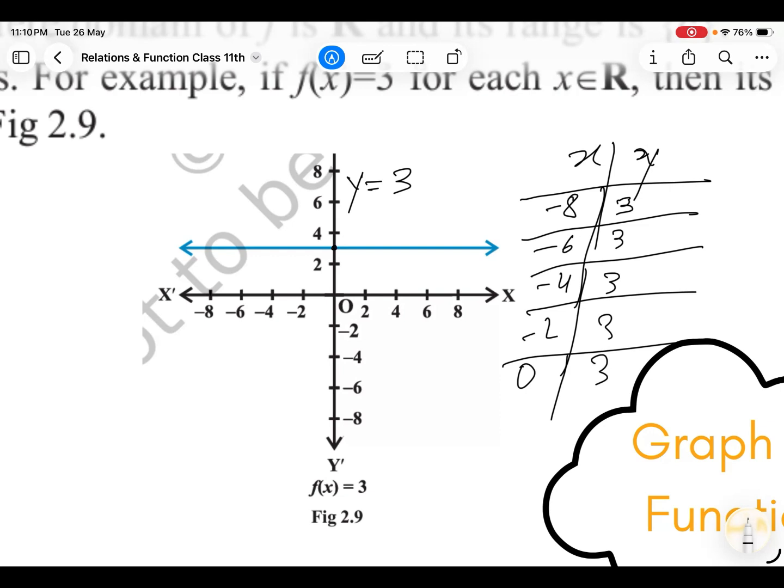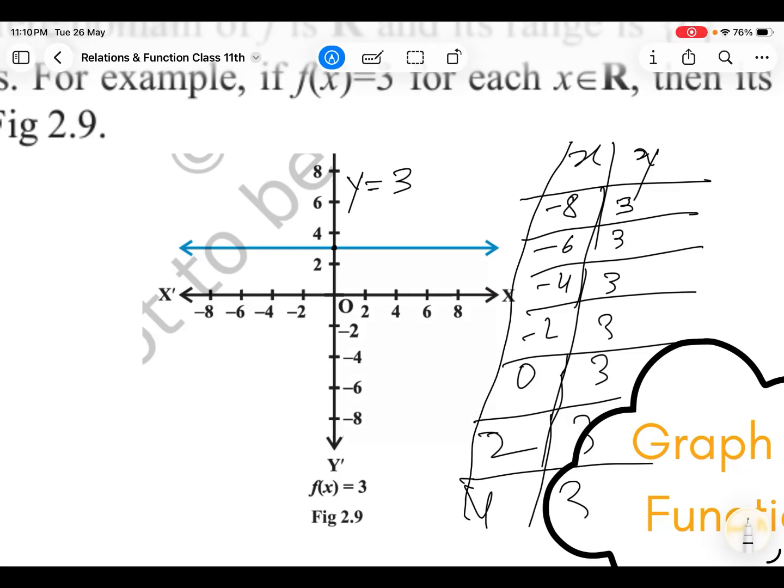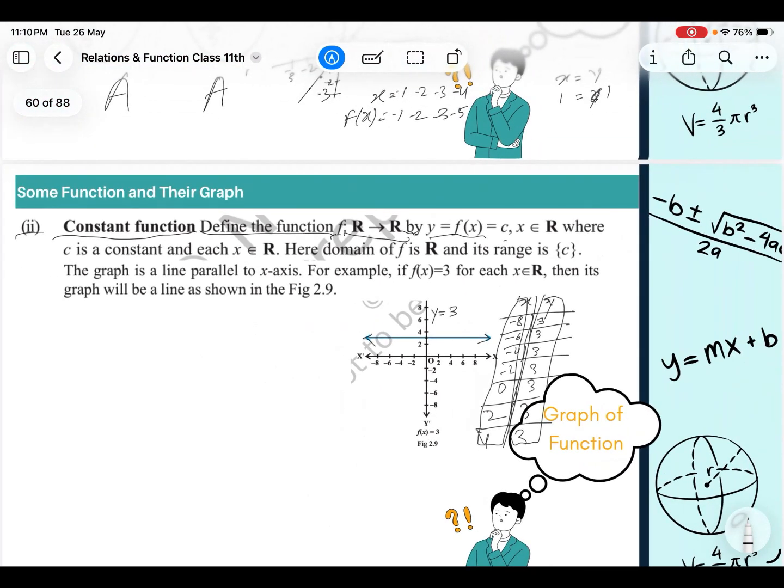See here, x is 0, then 2 gives 3, 4 gives 3, meaning the value of x is only changing but y is constant, 3. This is represented with a line. So this is a constant function, very simple.